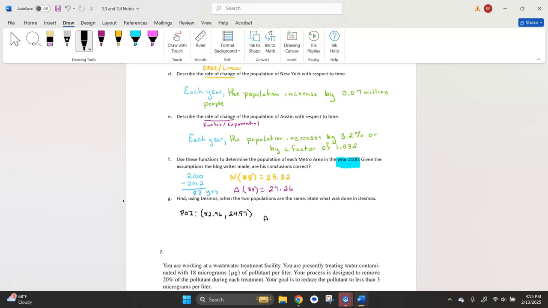So at the end of year, let me rephrase that, 82 years would be 2094.